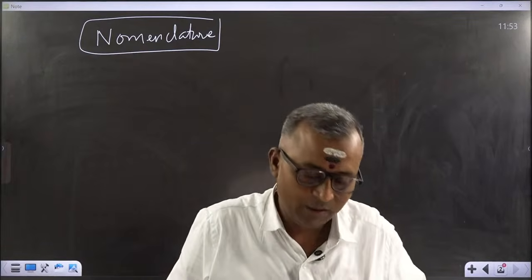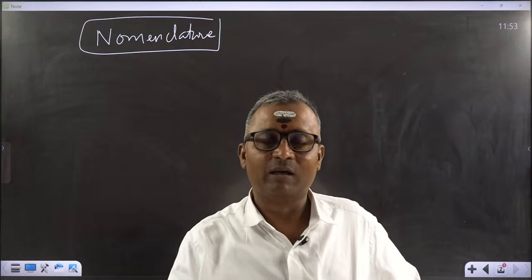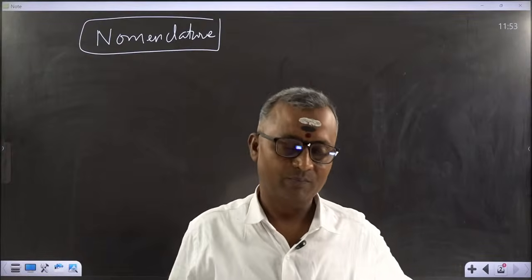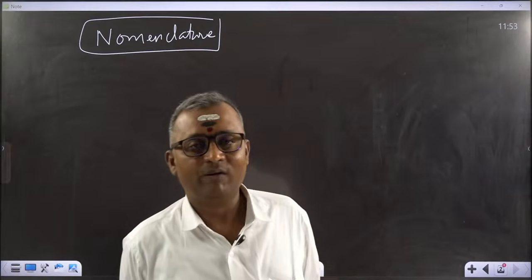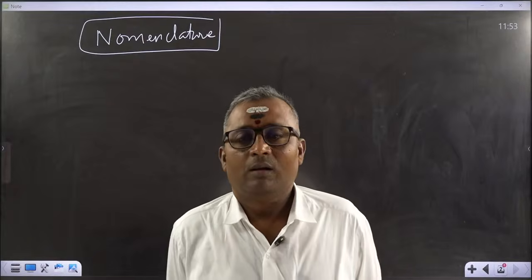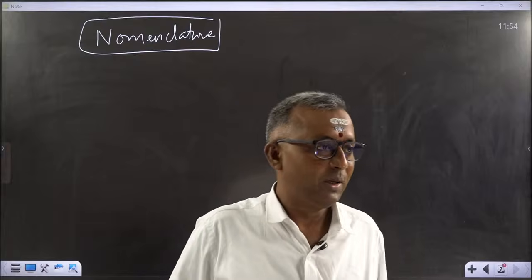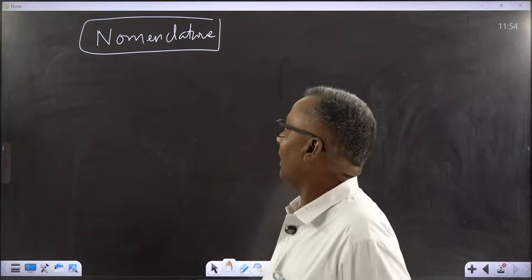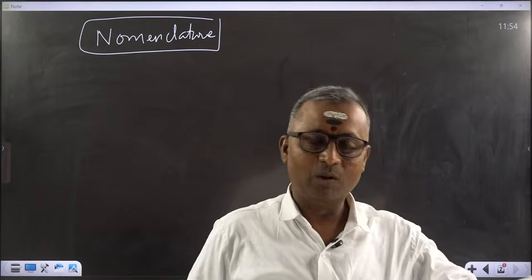I said nomenclature is nothing but it is a scientific method of giving names to the known organisms. That is what I said. And I also gave definitions with respect to classification, identification, taxonomy, systematics. All these we have discussed, right? Now I am discussing about the nomenclature once again. I am going back once again to the nomenclature.